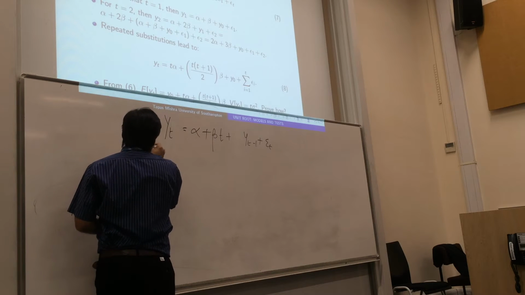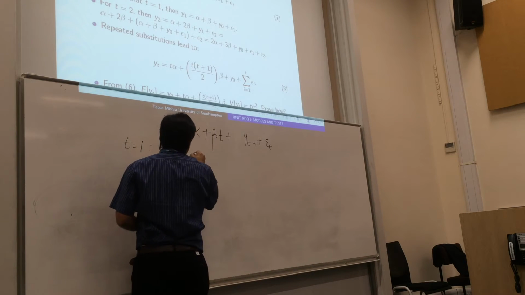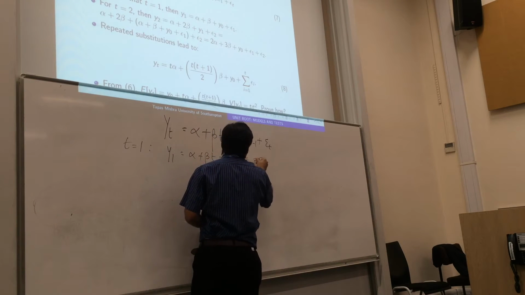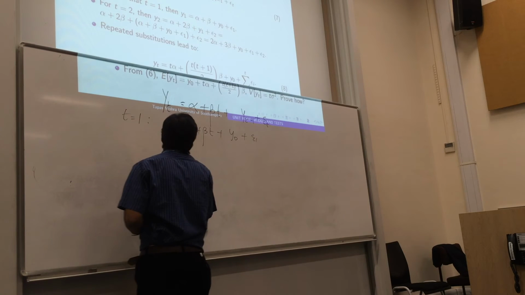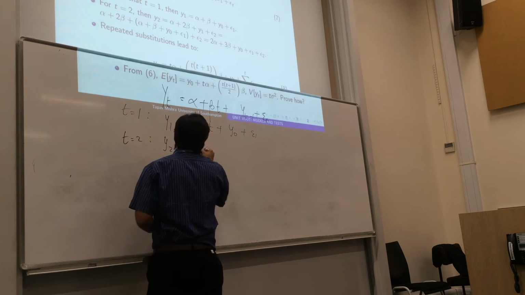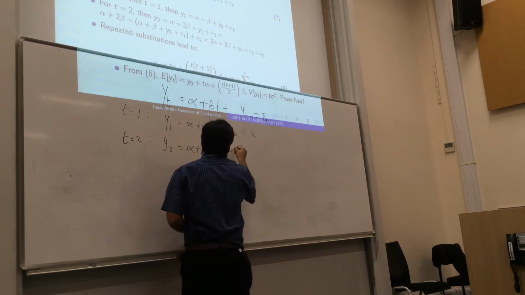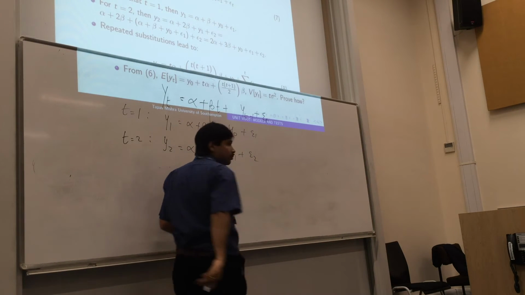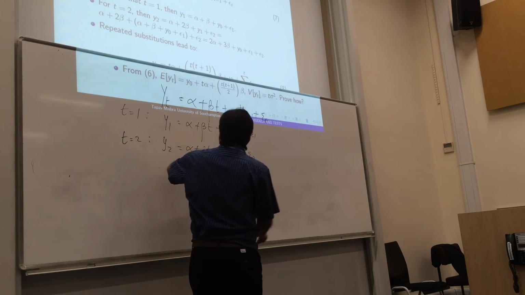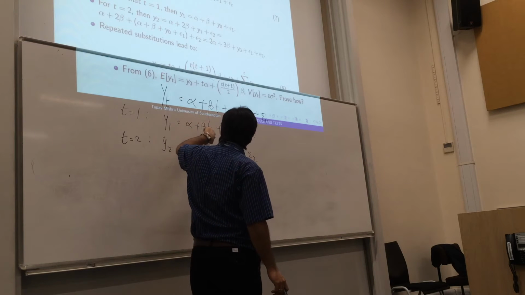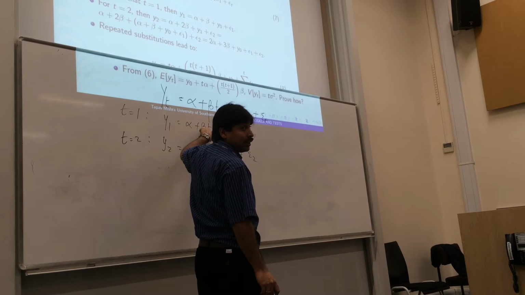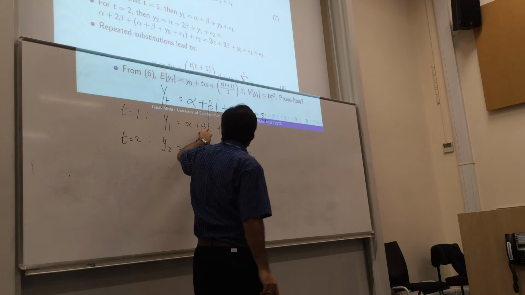So once again, t equal to 1, so y1 equals alpha plus beta t plus y0 plus epsilon 1. Similarly, t equal to 2, so y2 equals alpha plus beta t plus y1 plus e2. Write 2 here, replacing t.